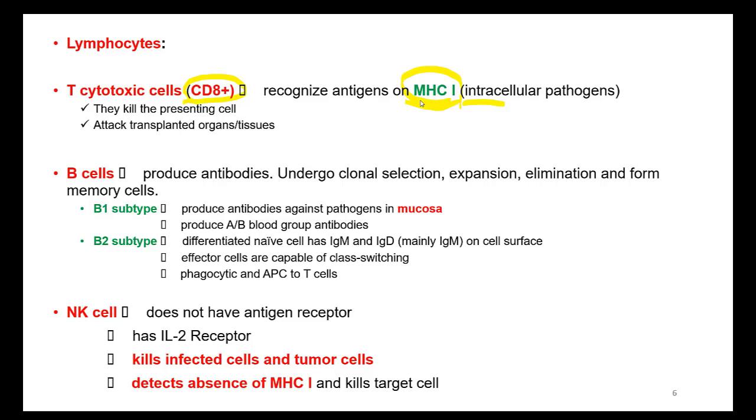What CD8 is going to do is kill the presenting cell. No more questions asked, okay? It's going to recognize something that is foreign, it must be some pathogen, so I'm just going to kill the cell before that pathogen starts to replicate.